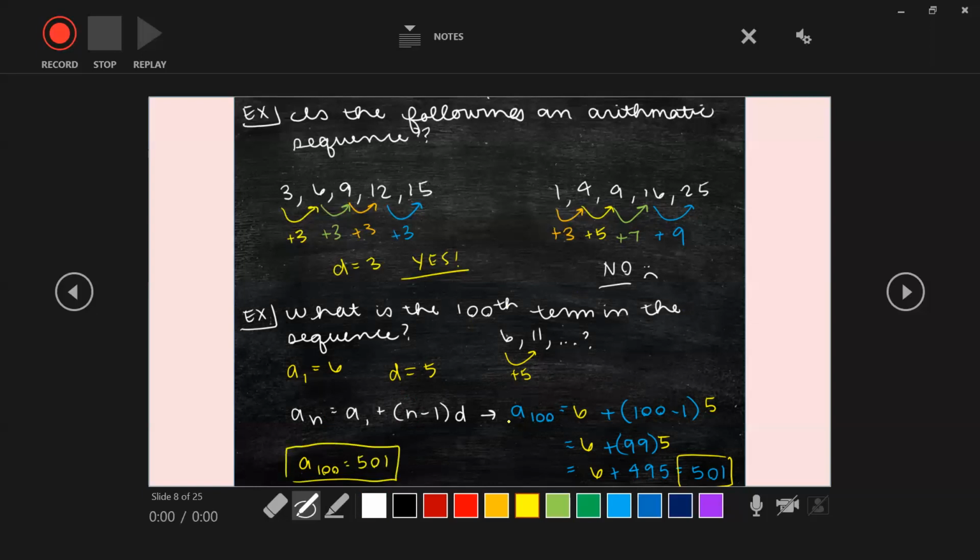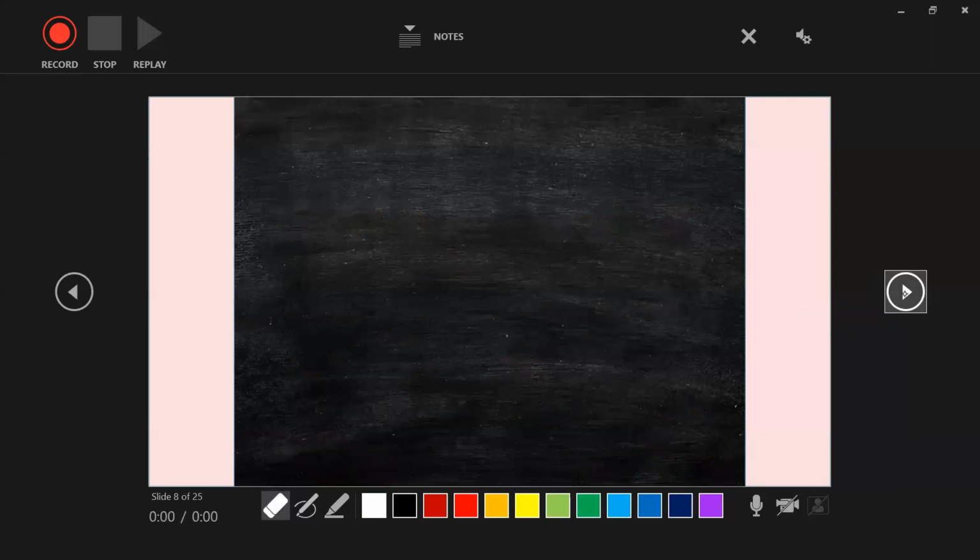You can also follow this A sub 100 all the way down. A sub 100 is equal to all those things. So I want you to do the example.